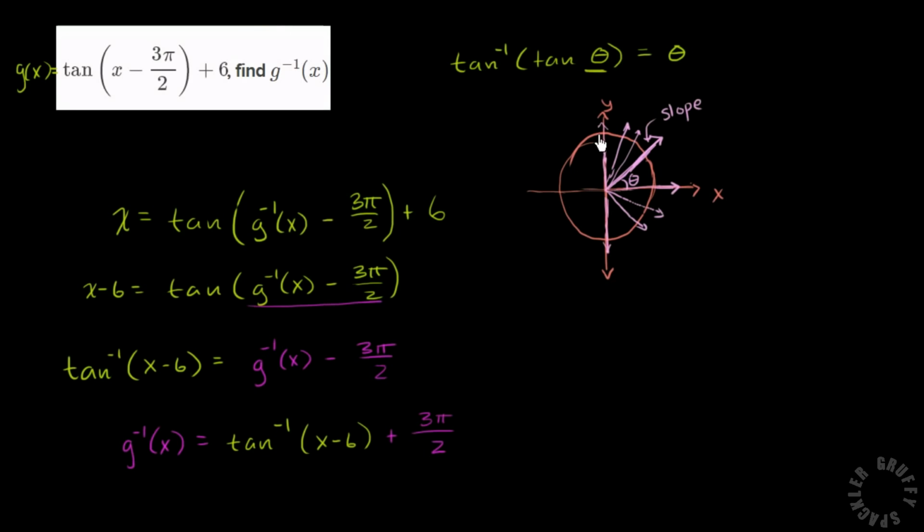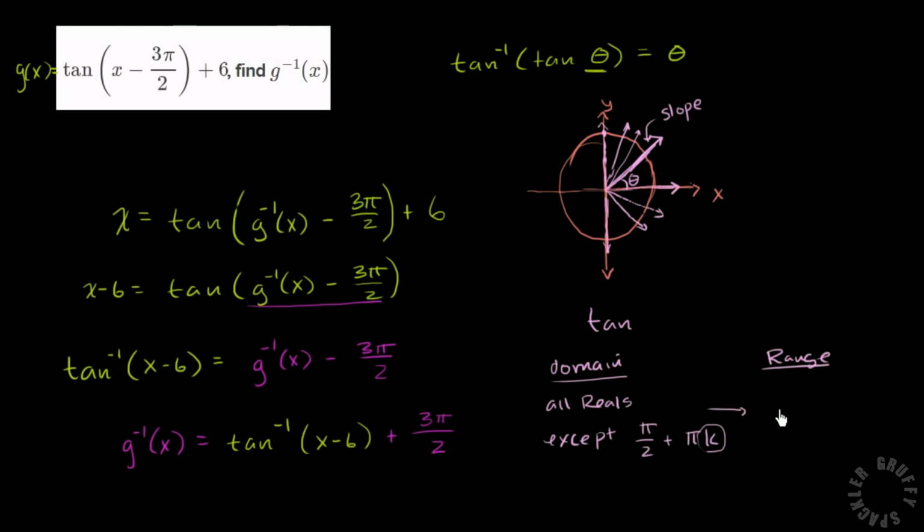So the domain of tangent is essentially all real numbers, except pi over 2 plus multiples of pi. But given this domain, you can get any real number. So the range here is all reals.